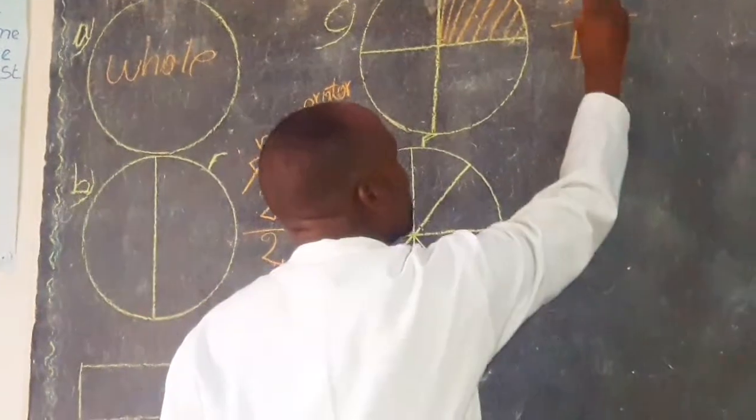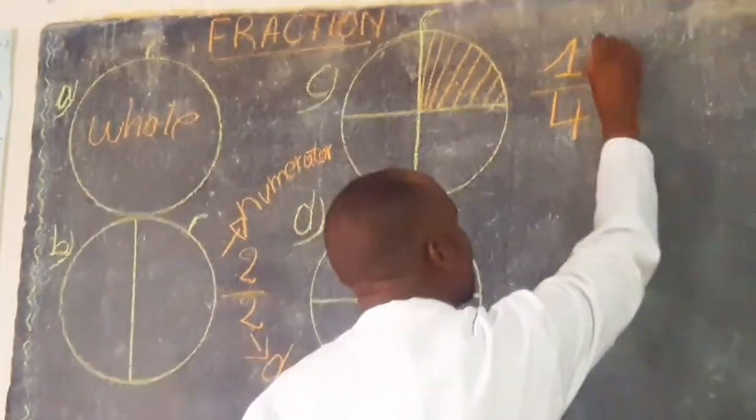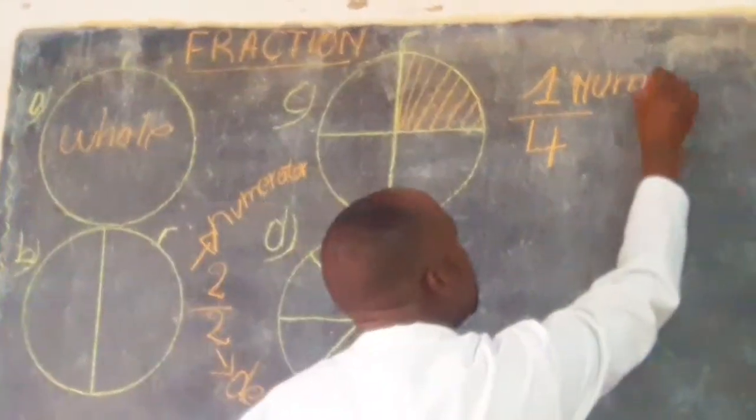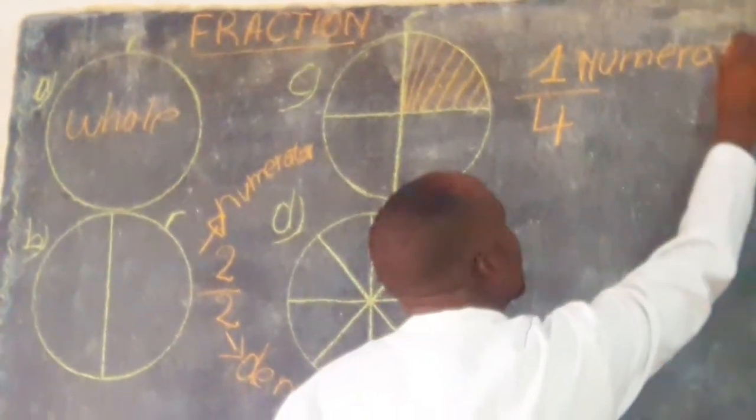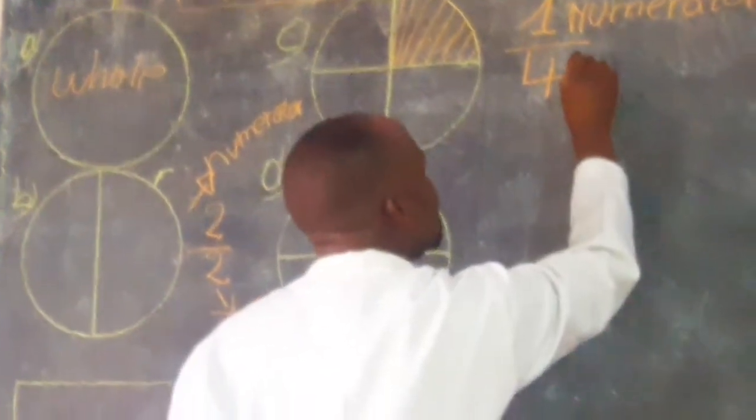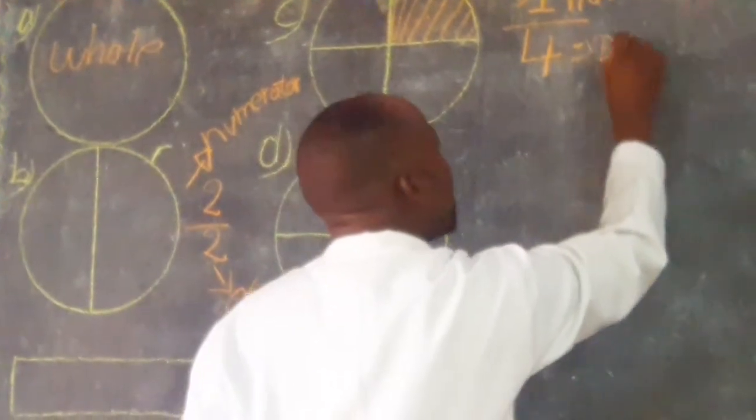That is to say, 1 is the numerator and 4 is the denominator.